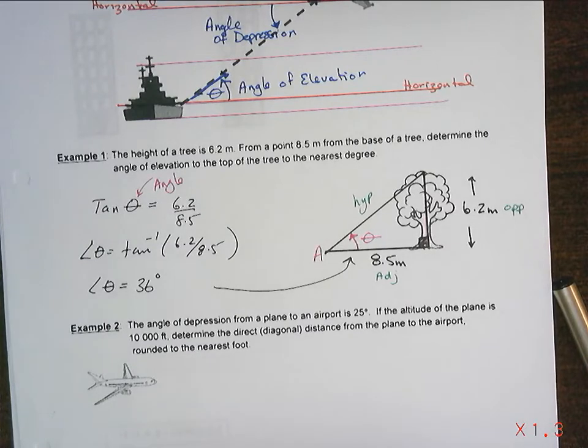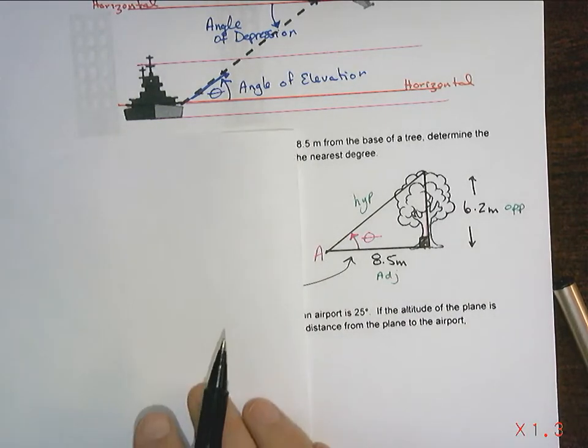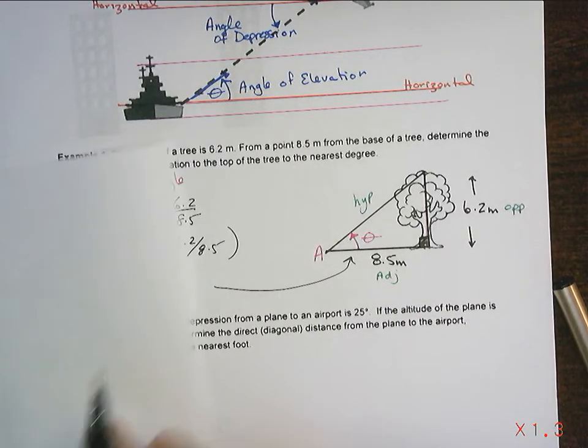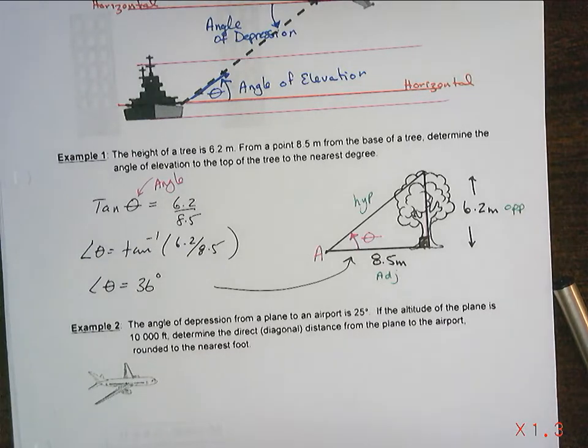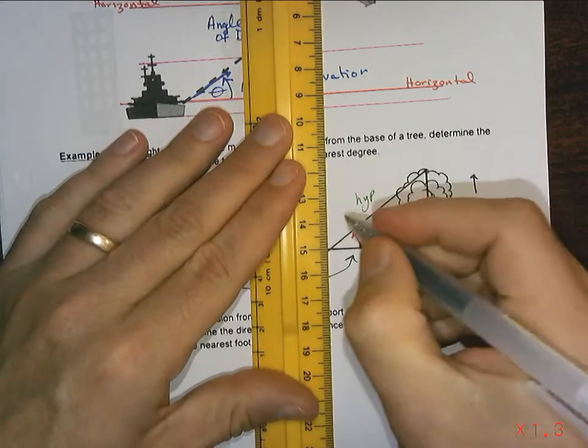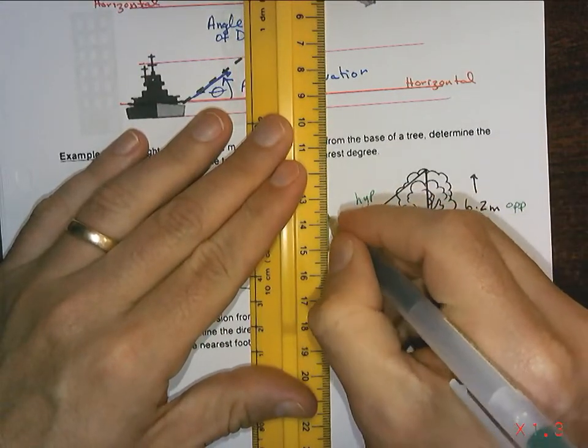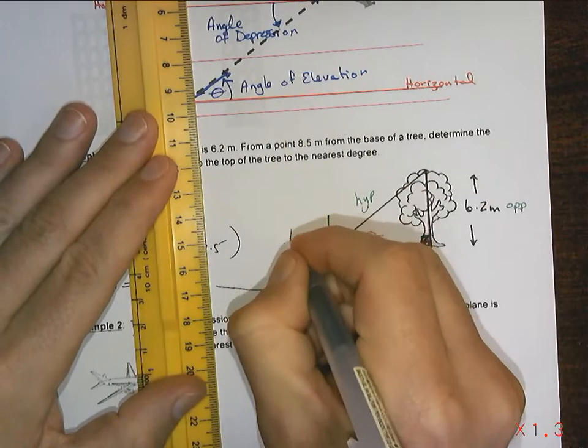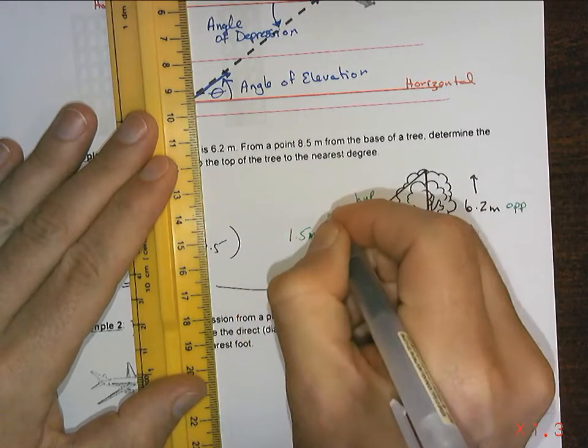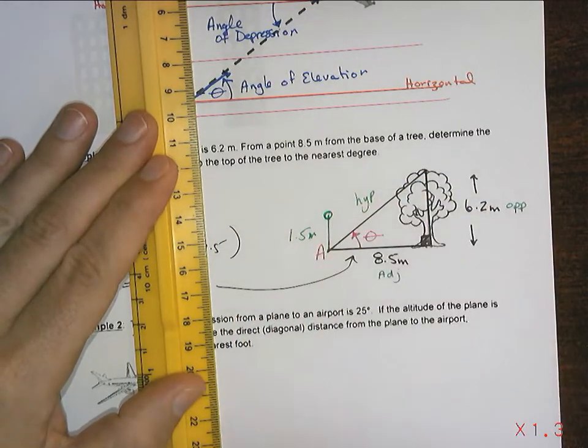All right, now that you're back, I want to make something very, very clear. Do you see this tree and this angle? What would happen if I was tall? What would happen if I had a height of maybe 1.5 meters? What if this was me and I'm 1.5 meters tall? That's my head. Nice head, right? That's me.